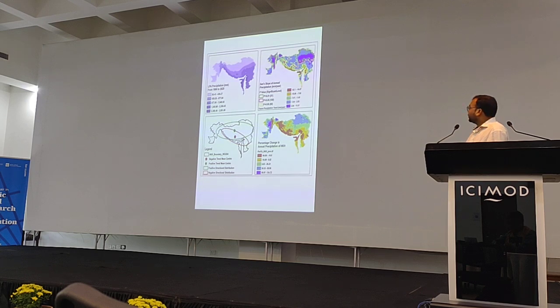Okay, so overall, this is the directional distribution, one standard deviational ellipse. The green ellipse shows that most of the positive trend is happening in these regions, and the red ellipse shows that most of the declining trend of precipitation is happening in this region.